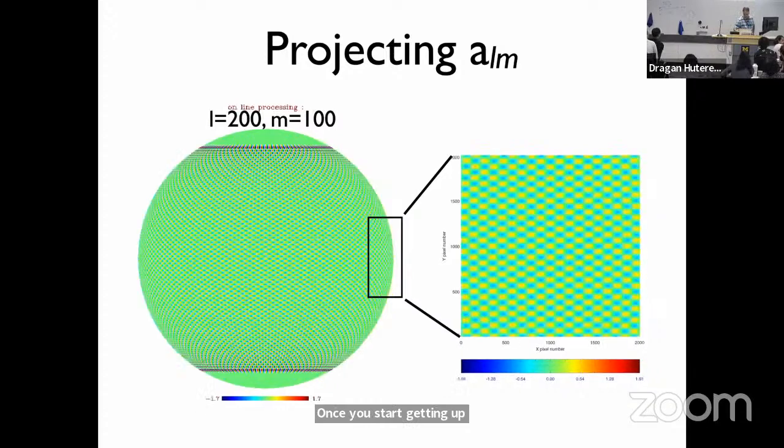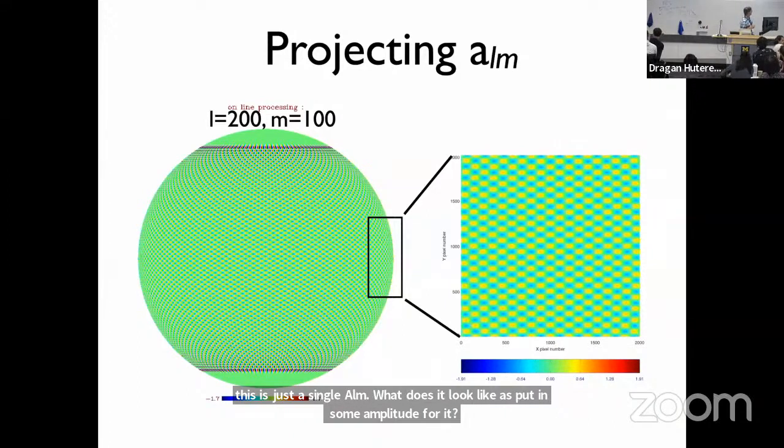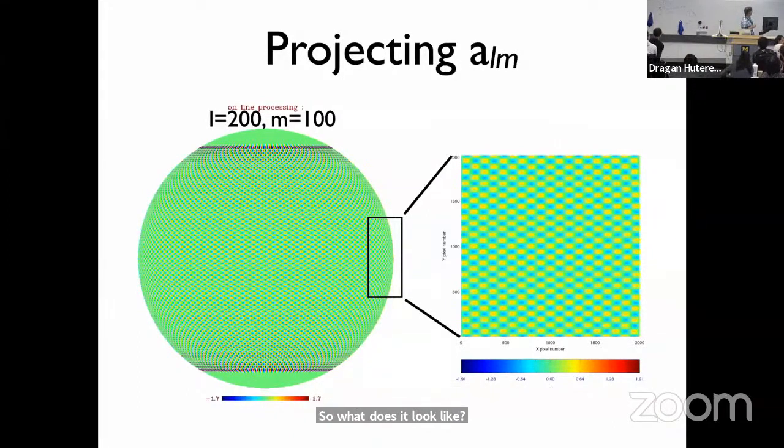So let's go to a higher l, l of 200. So this is l of 200, m of 100. So this is just a single a_lm. I just put in some amplitude for it and said, what does it look like? And now it looks really a heck of a lot like just some plus minus going all over the place. It really looks like this is just Fourier modes. That's down here at the equator.